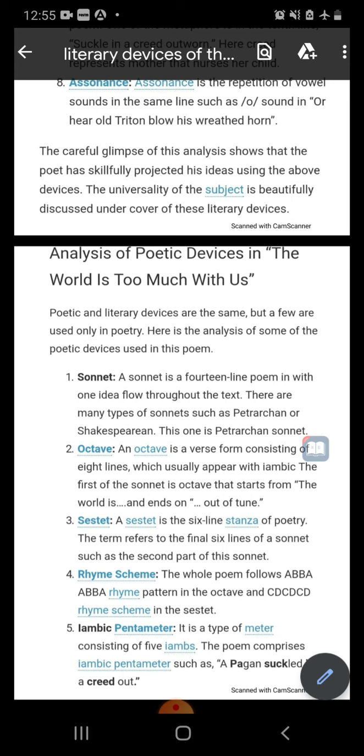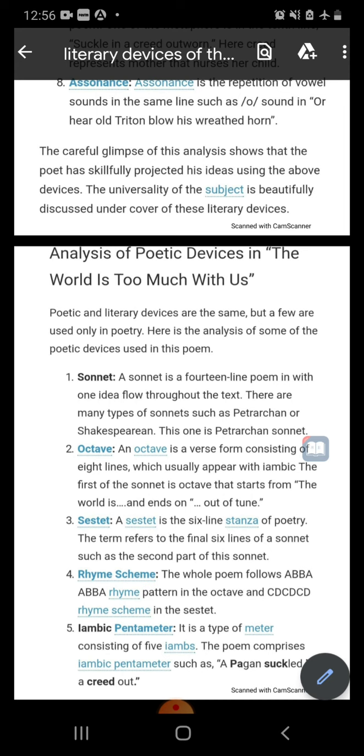And the rhyme scheme of this particular kind of sonnet is ABBA, ABBA, CDC, DCD. So the starting 8 lines of the octave have the rhyme scheme ABBA, ABBA, and the sestet has the rhyme scheme CDC, DCD.